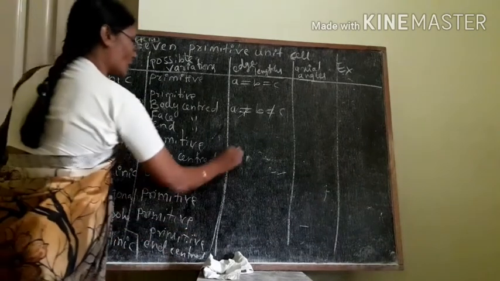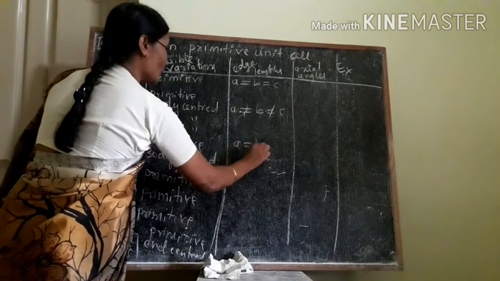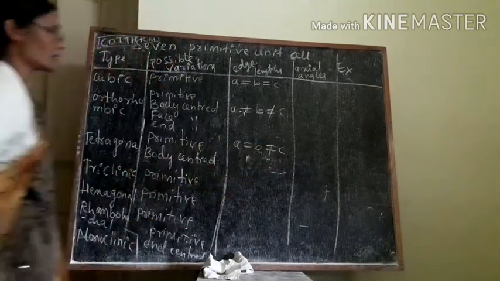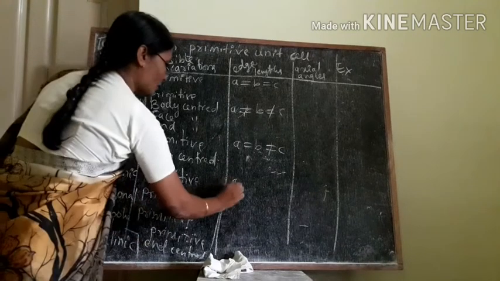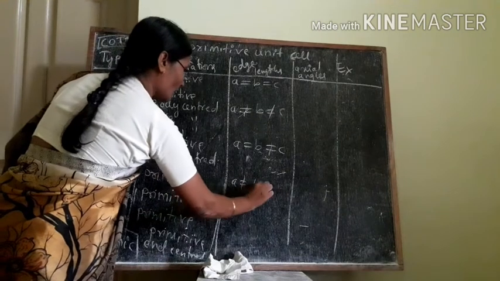In tetragonal, a is equal to b is not equal to c.